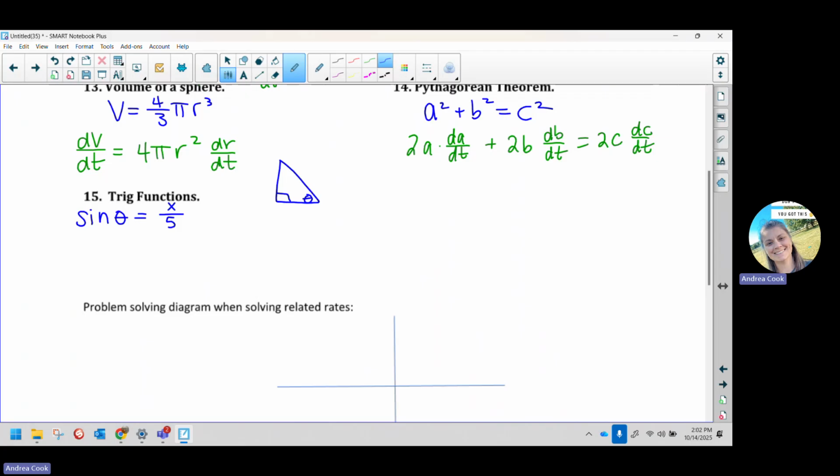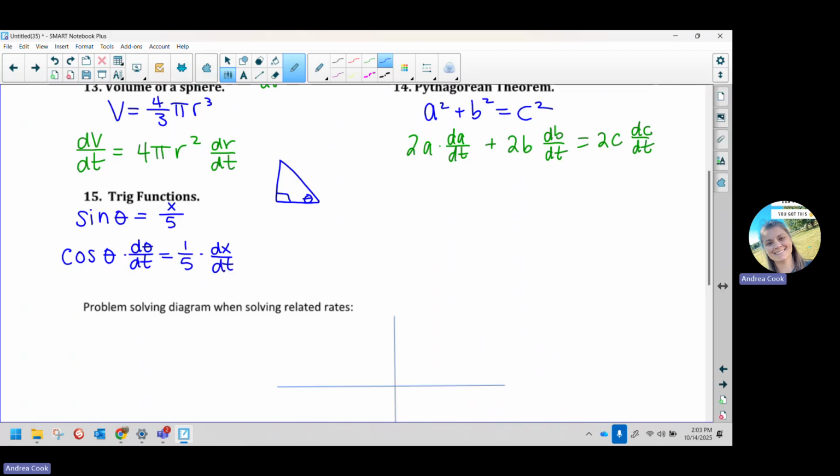I'm just pretending that the hypotenuse is 5. If I find the derivative, what is the derivative of sine? Cosine theta, but the angle could change over time, so we have to chain on d theta over dt.